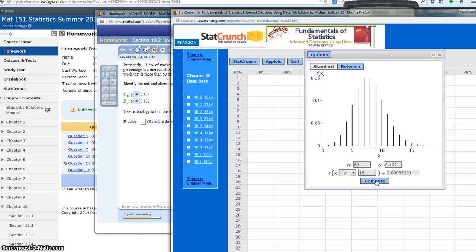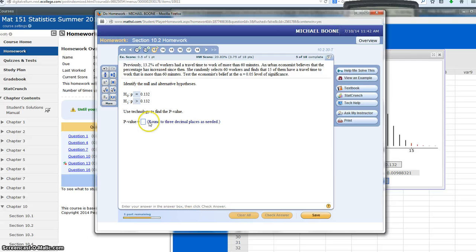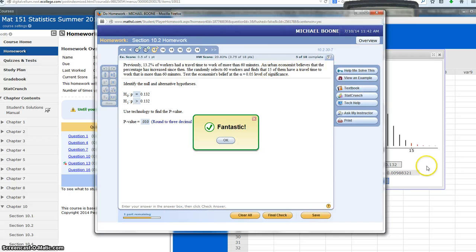And I hit compute, I get 0.0098, which would round to 3 decimal places to 0.010. And that should be my p-value, 0.010. Right? So I'm doing a greater than or equal to because we got 15, so 15 or more.